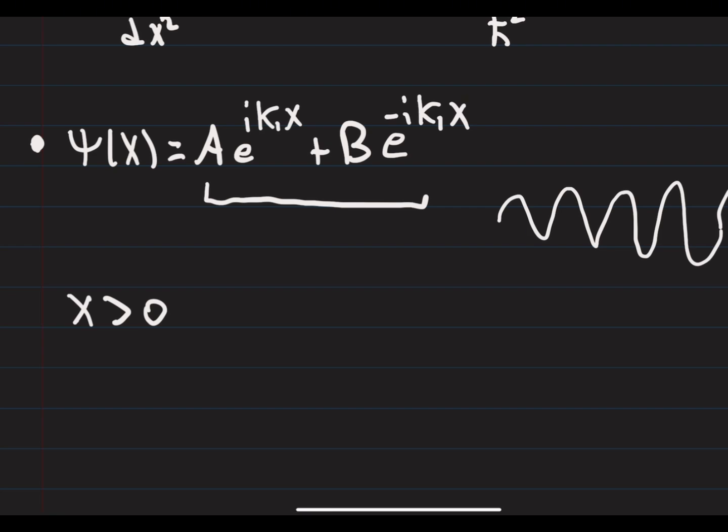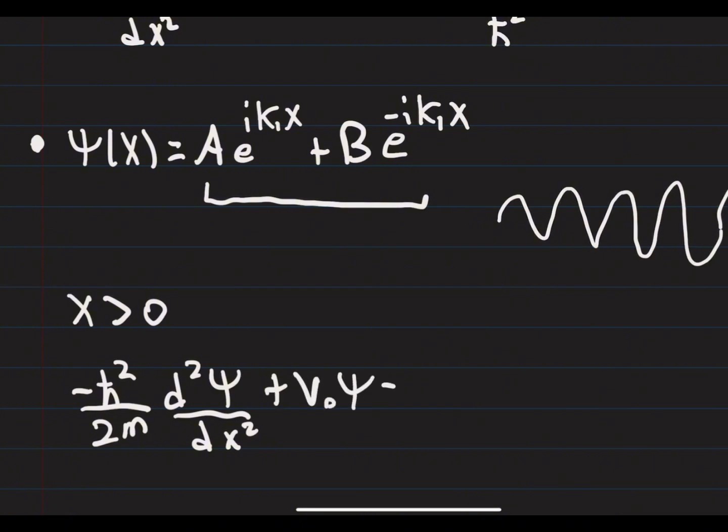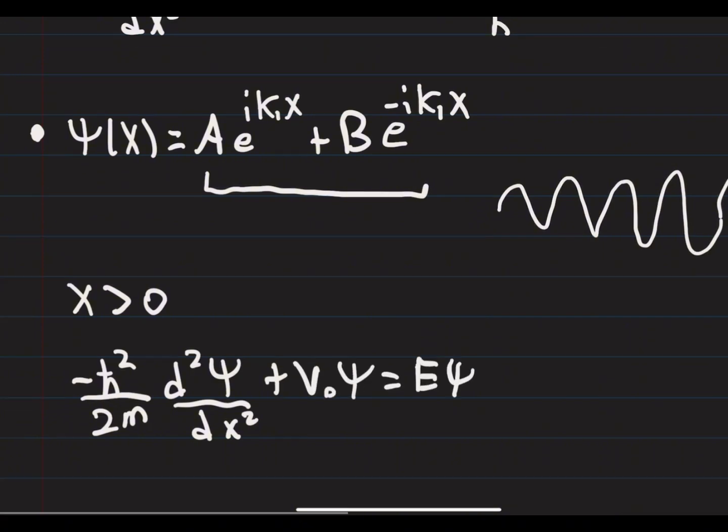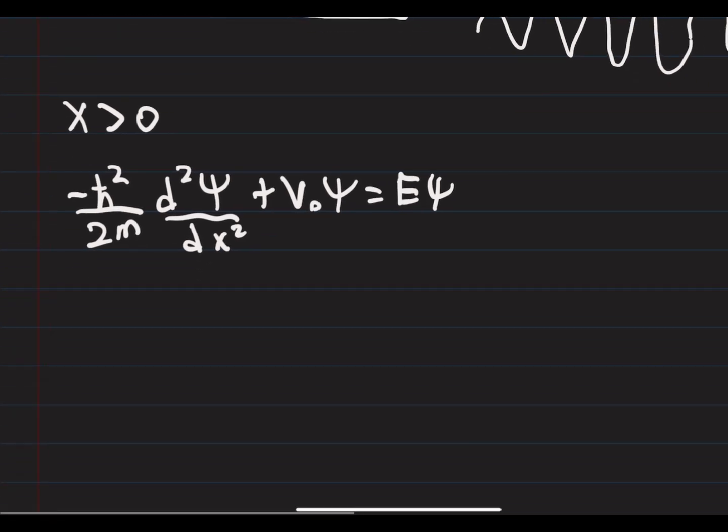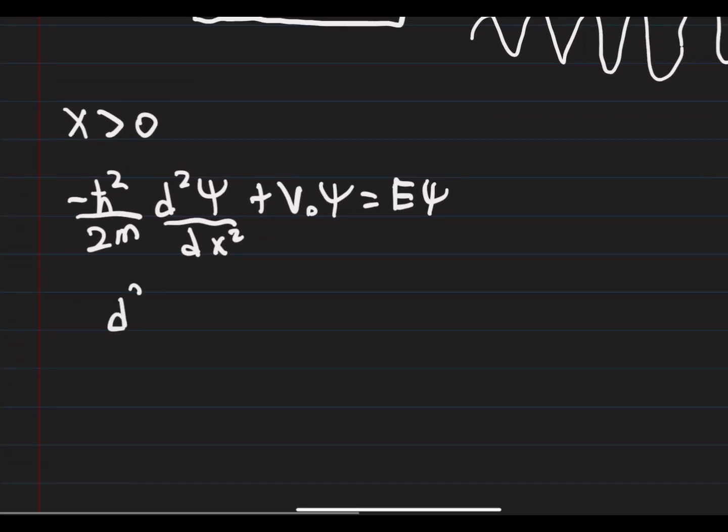So now it's going to be very similar. Let's just write it all out. Minus h bar squared over 2m, the second derivative of psi with respect to x, plus V naught psi equals E times psi. And we can rearrange this differential equation a little bit.